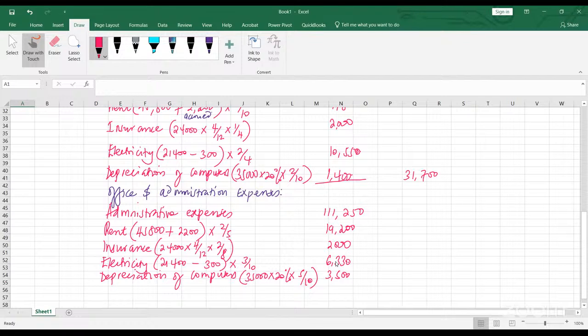Any other expense left out? I think we have it all. In case there is anything left out, please find out. But I think everything has been considered.